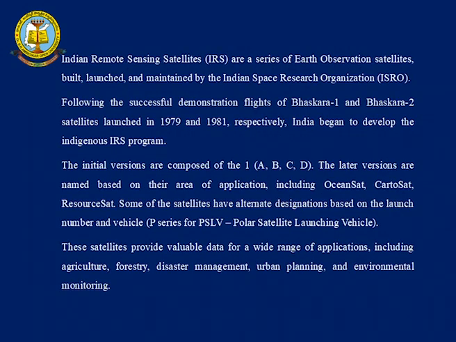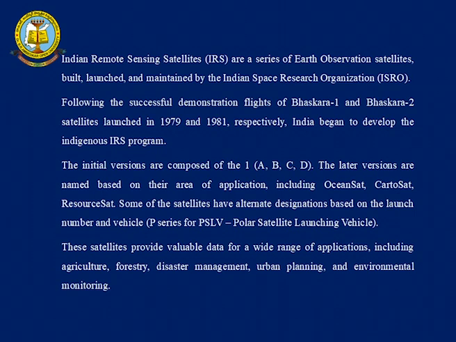Then we have the Indian remote sensing satellites launched by ISRO, that is the Indian Space Research Organisation. After successful launching of Bhaskara 1 and Bhaskara 2, they started coming with the different missions of satellites. Initially, the satellites were named INSAT 1A, 1B, 1C, 1D.